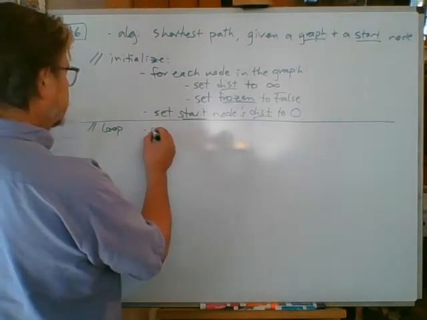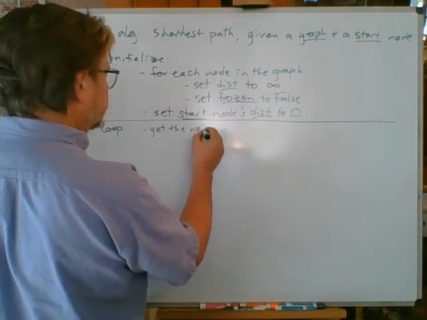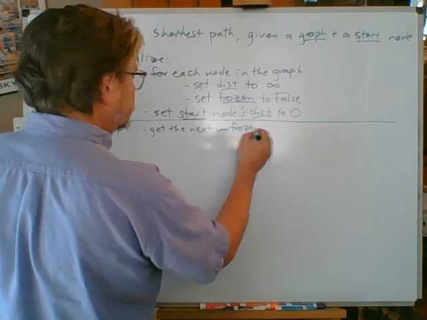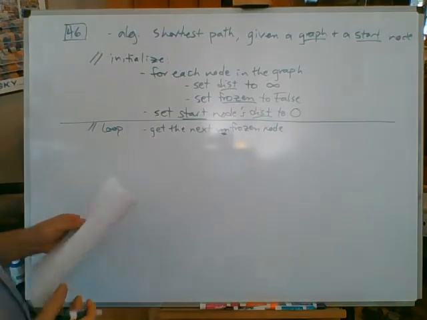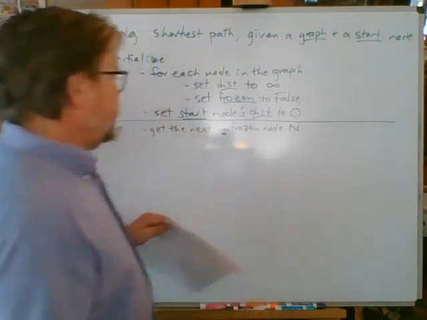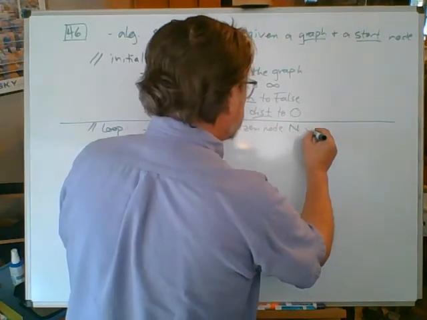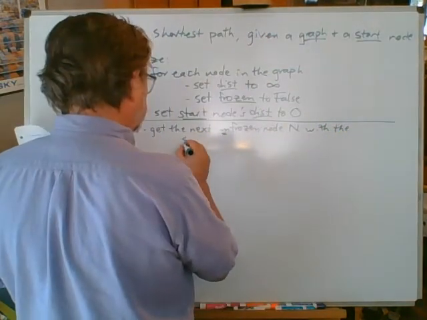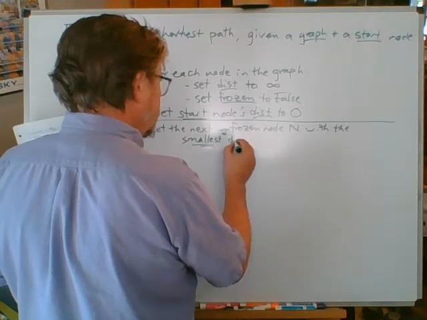Get the next unfrozen node, which I'm going to need to be able to refer to later, so I'm going to call it capital N. Get the next unfrozen node capital N with the smallest distance, smallest dist.